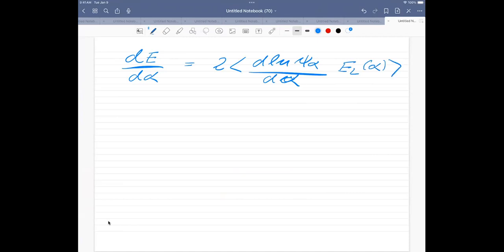That is one expectation value, that's one integral we have to evaluate, minus 2 times the expectation value of d ln psi of alpha of d alpha, multiplied with the expectation value of the local energy with respect to alpha.